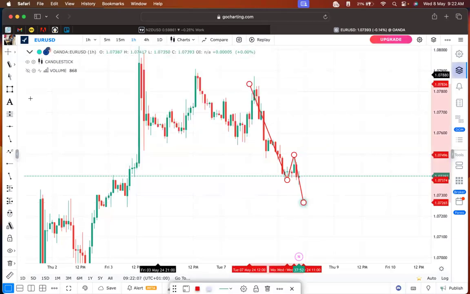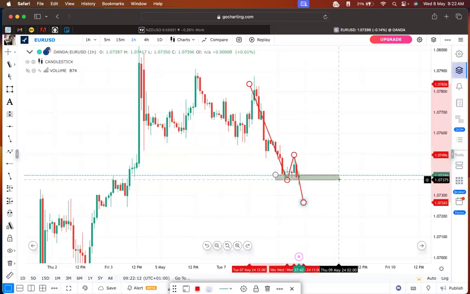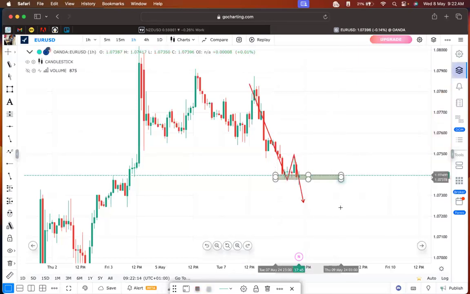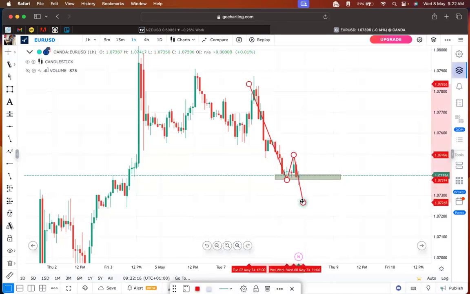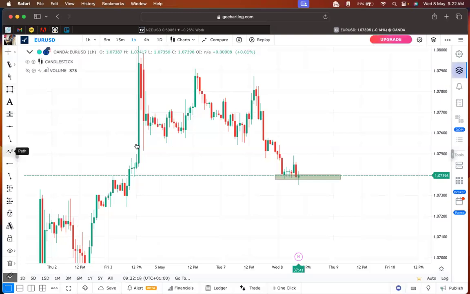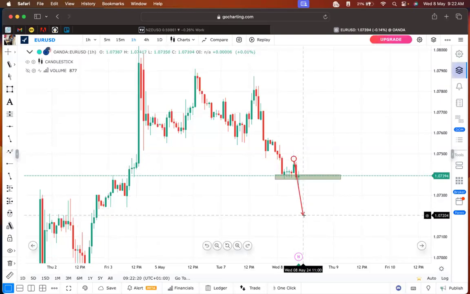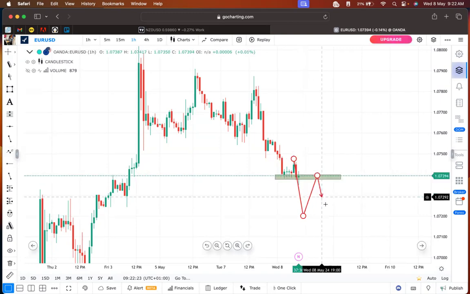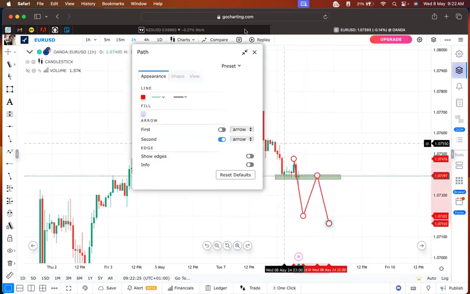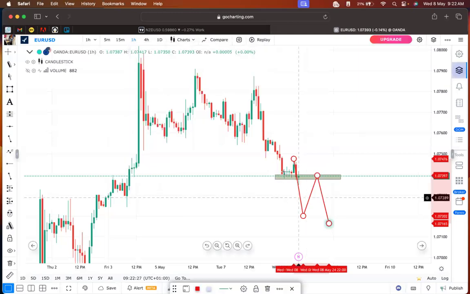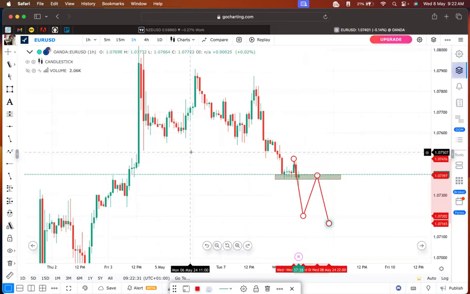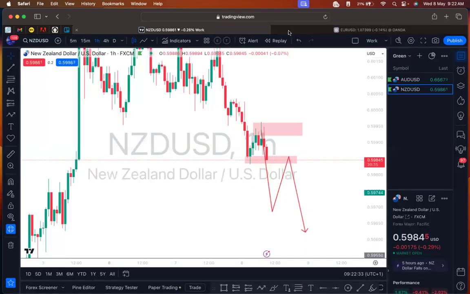So we have this low here. What we're looking at is price breaks to the downside, comes back, and then we test it to sell. So up until price breaks that level, I'm not looking to trade. I will have to wait for price to break it and then come back, and then we test that level to the downside. Then what other currency pair are we looking at?